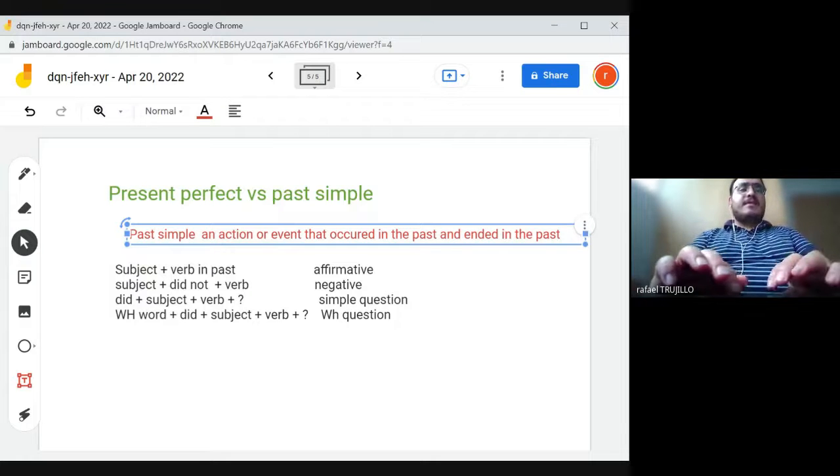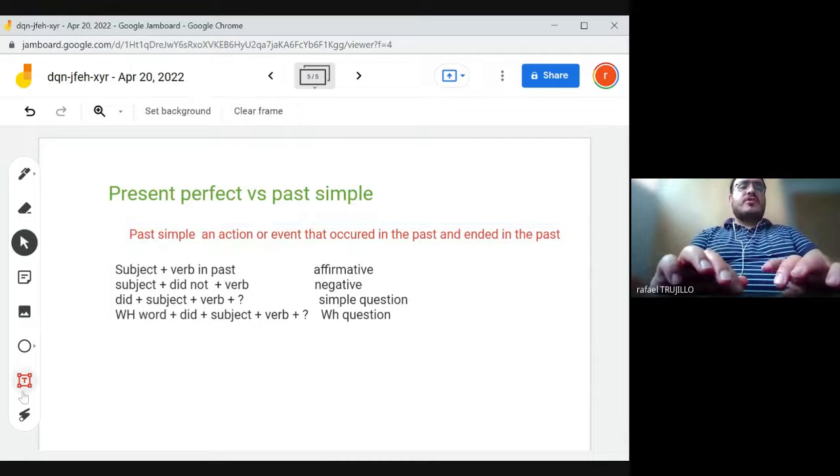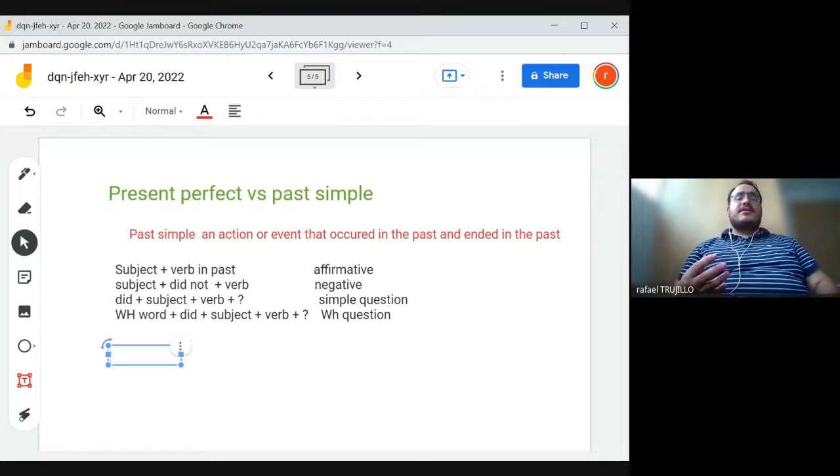We have this other structure to link things to the present. And that is the most important part for this forum because we wanted to link these events to the present. We didn't want them to stay in the past. We were thinking about an action that occurred in the past, but it still has relevance in the present.